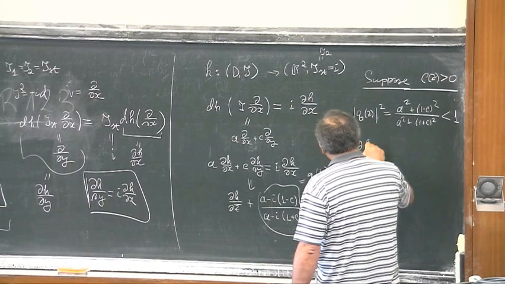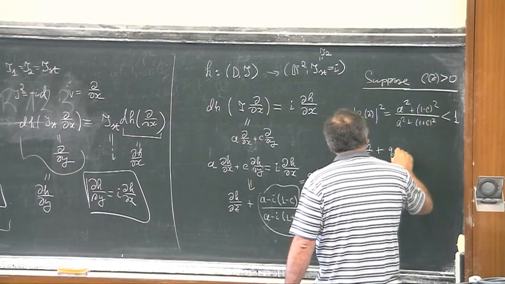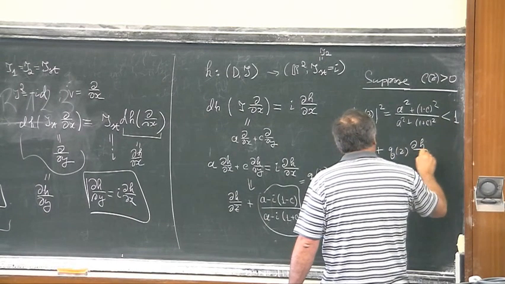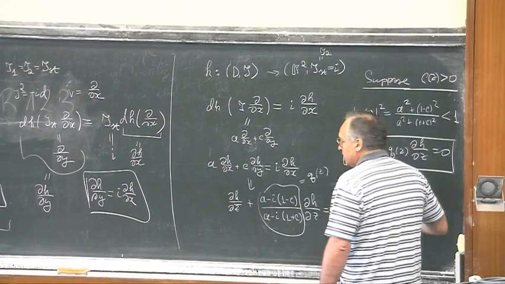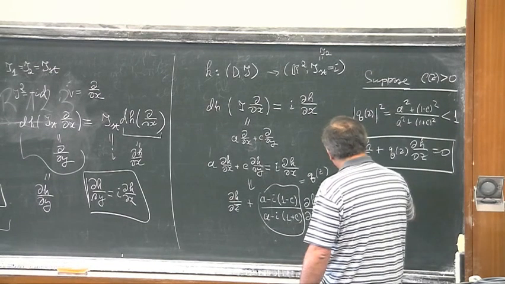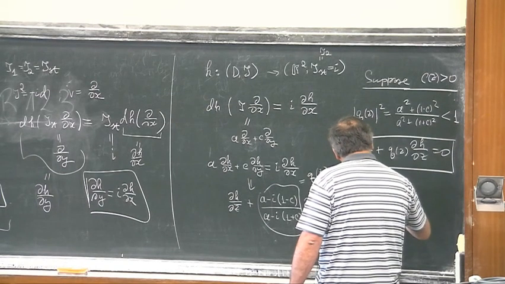The equation dh over dz bar plus q of z dh over dz equals 0 is classically known as the Beltrami equation.